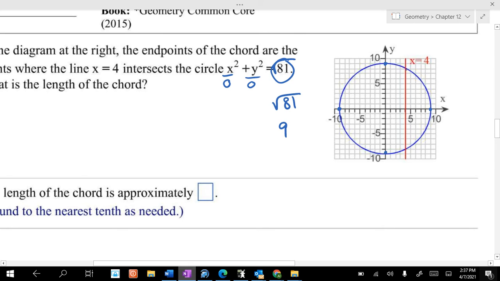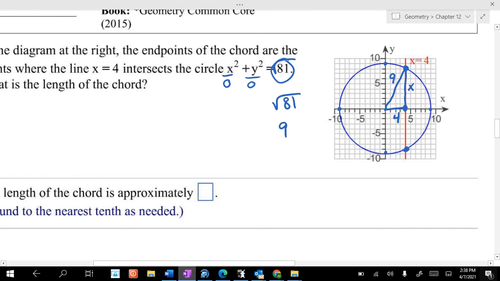Now, I want to know the length of this segment from here all the way to here. But to find that, we're going to stop right there and make a triangle. What's my radius? 9. This bottom part is 4 because this line is at x equals 4. I want to find this.